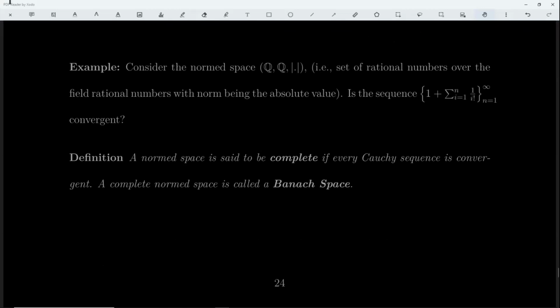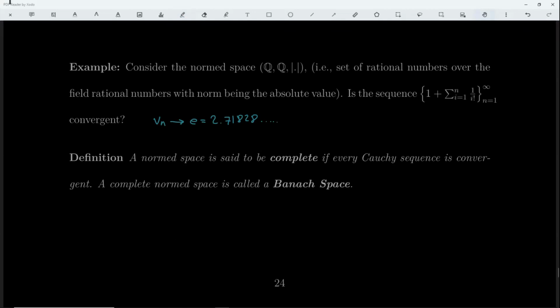So that expression, as n goes to infinity, is converging to the e value, which is equal to 2.71828, etc. So these sequences are getting closer and closer to a value, right?